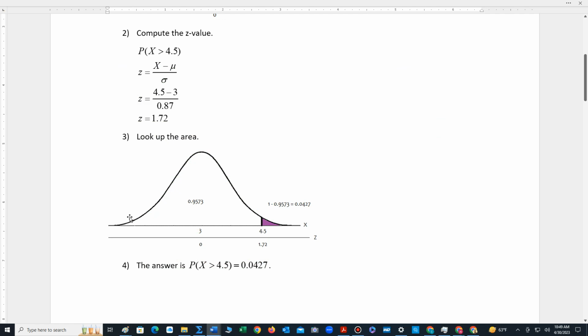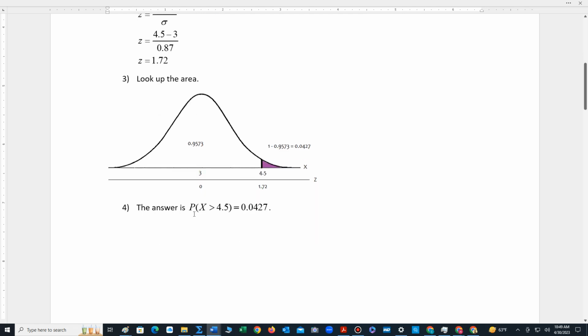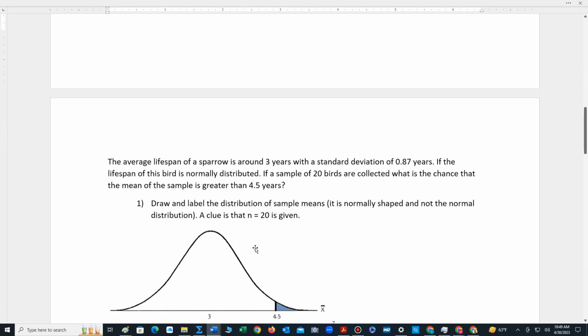That always gives us the area to the left, but we want this tail area, so we compute 1 minus 0.9573, which is 0.0427, and thus our answer is that the probability is 0.0427.